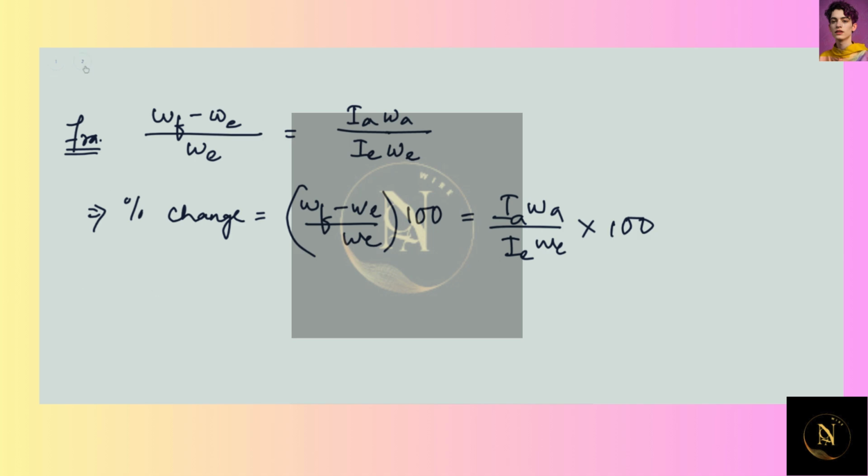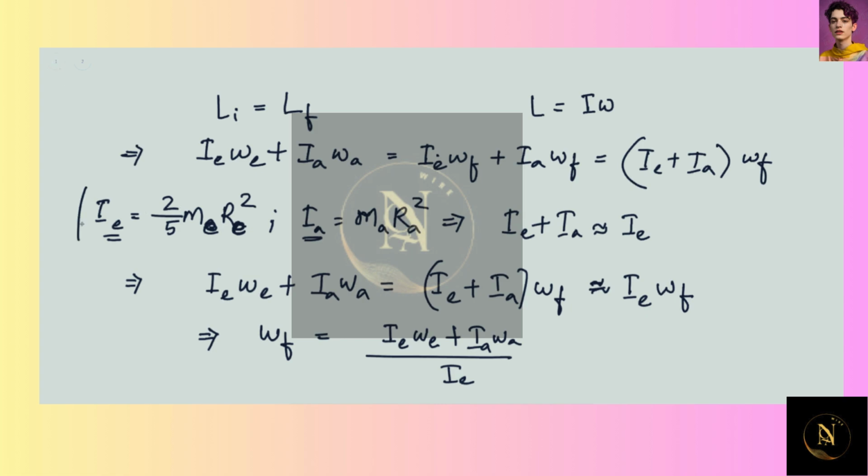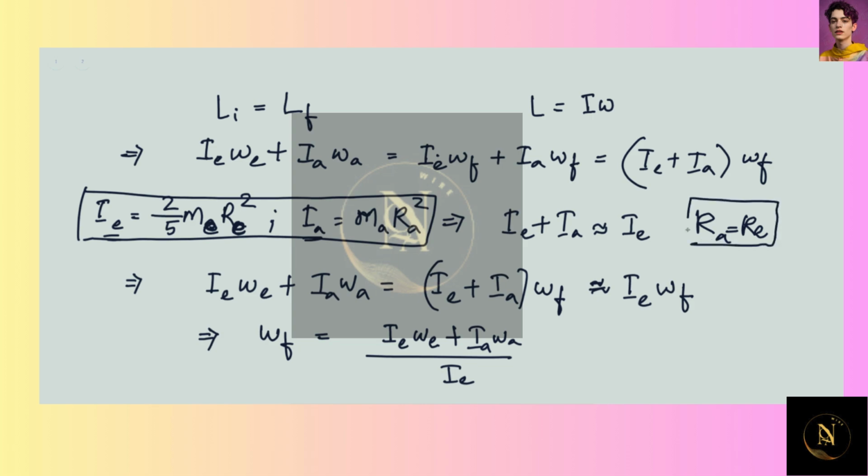Now let's use these expressions. One thing to take carefully from here is that the radius of rotation of the asteroid is in fact the radius of the Earth, since the asteroid is very close to Earth. So these two are nearly equal.